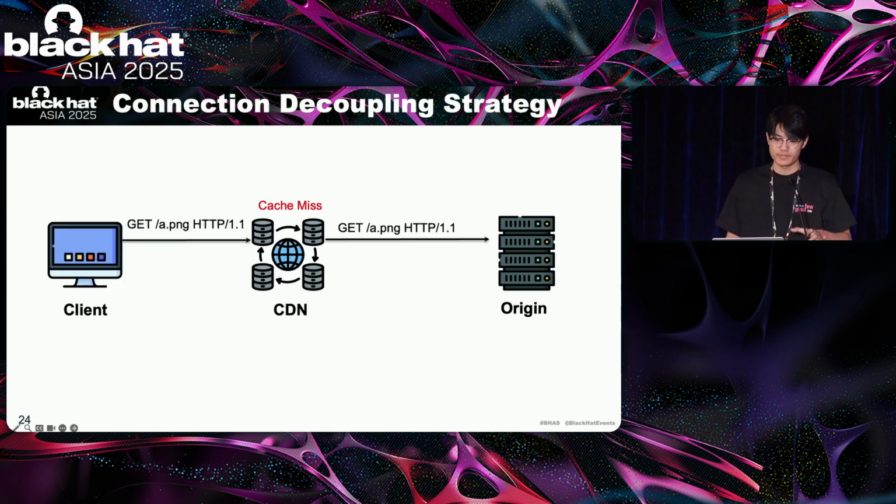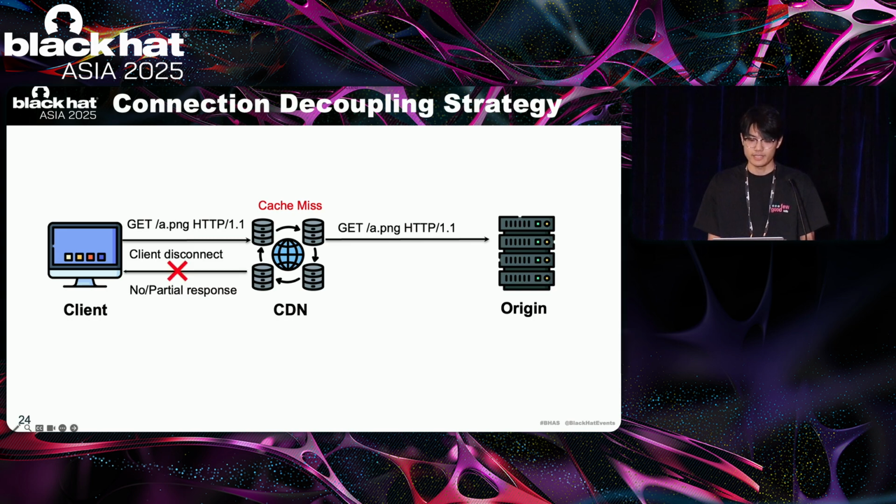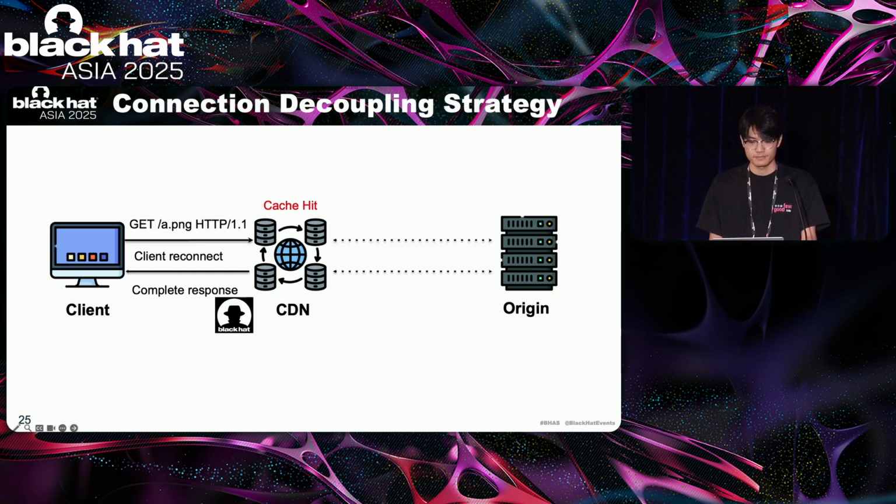With the advent of CDNs, the CDN acts as a middle layer for better network performance. When the client network is unstable and the connection is interrupted, the CDN can still maintain the CDN-to-origin connection to fetch the requested resource from the origin and cache it.